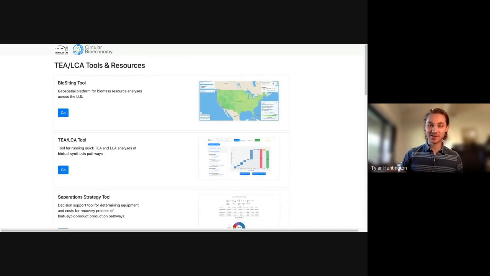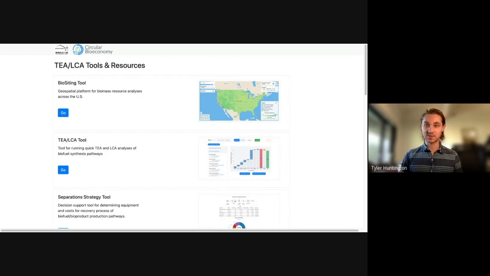Yes. Awesome. Yeah, so as Corinne alluded to, we have developed this ecosystem of web-based tools to share out our modeling work, which is obviously tied up in published papers. But we want to make it as interactive as possible for both the research community and industry.